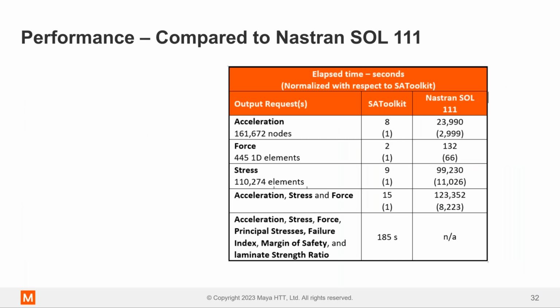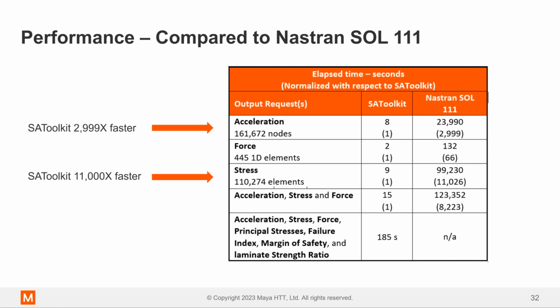And speaking of fast, let's look again at the performance here. I believe I shared that simple satellite spacecraft example model we put together before. If we compare it directly to Nastran Solution 111, and look at output requests to get accelerations, it takes 8 seconds for structural analysis toolkit versus 24,000 seconds for Solution 111. It's 3,000 times faster.